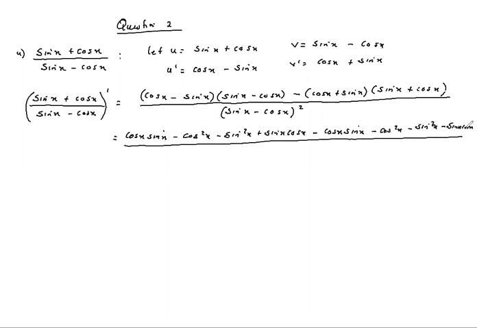Everything we divide by sine x minus cos x. This I think we'll need to square it. Sine x minus cos x. The way to square, I mean we need to expand. So let's see. This one and this one, they will be cancelling within.